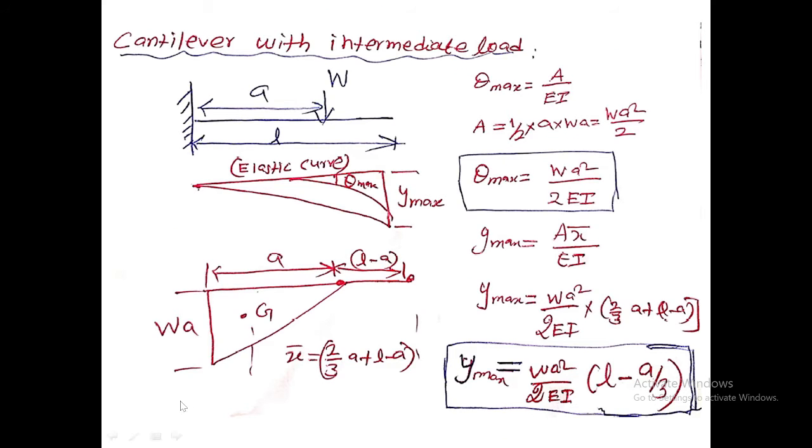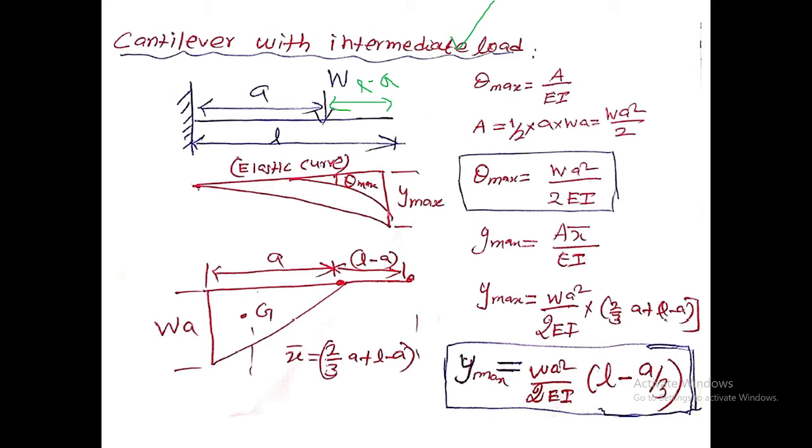Next, cantilever beam with an intermediate load. The intermediate distance is A, the total distance is L, and the remaining distance is L minus A. This is the bending moment diagram for the intermediate load.